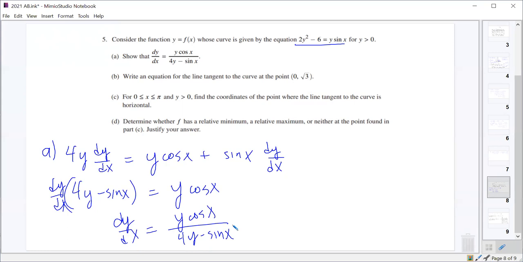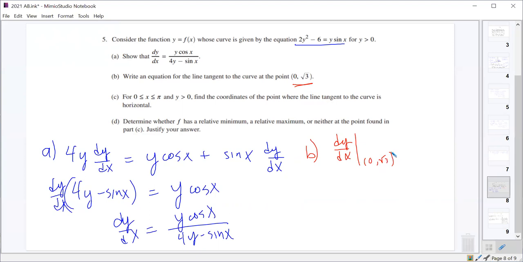All right, part B. We want to write an equation for the tangent to the curve at (0, root 3). We need a point. We got the point. We need a slope. We can get the slope by using the derivative. So we'll just plug in 0 for x and root 3 for y.